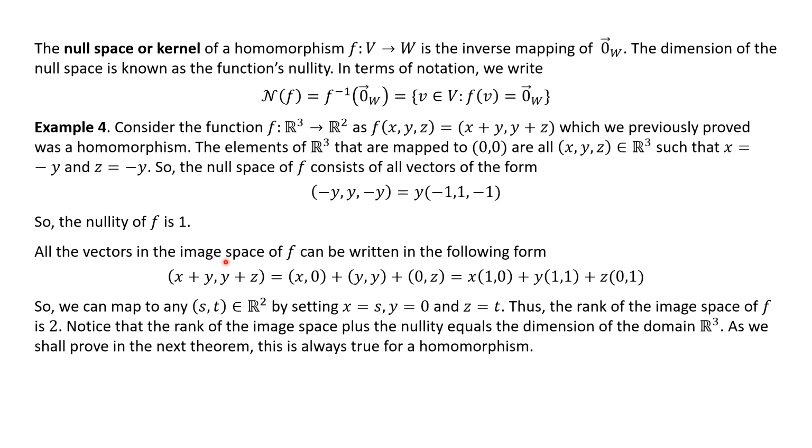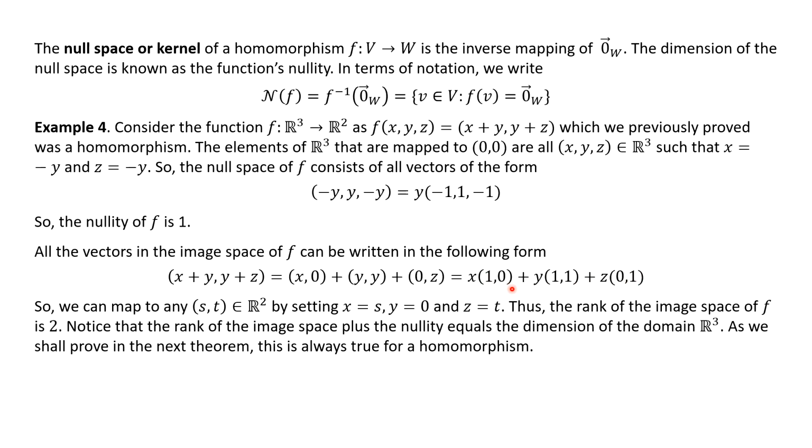All the vectors in the image of F can be written in the following form. We can just break this up into x times the first vector plus y times the second plus z times the third. And then we can factor out the x, the y, and the z. And we see here we have 3 vectors. And the middle vector here can be written in terms of the 1, 0 and 0, 1.